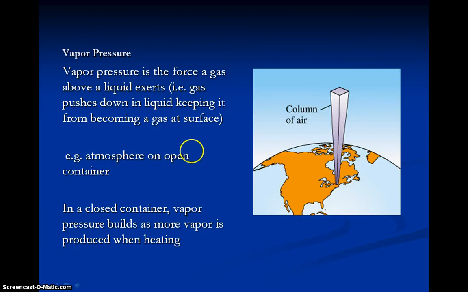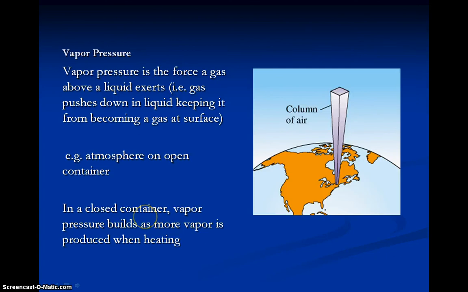So when we're talking about an open container, then vapor pressure is equal to atmospheric pressure. It's the atmosphere above. However, we can create cases with closed containers where we have a higher vapor pressure above a liquid.